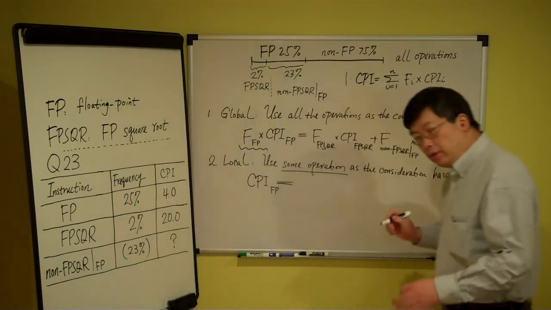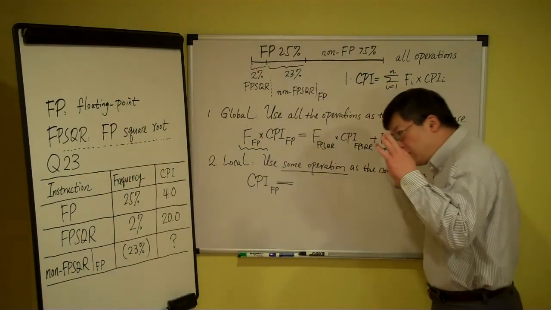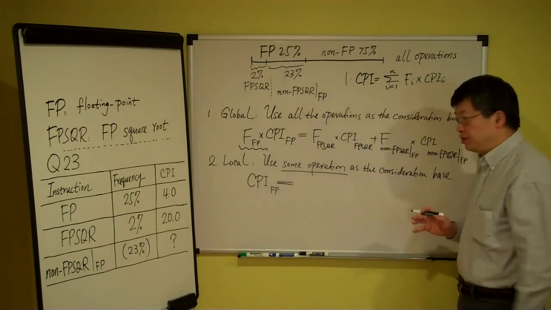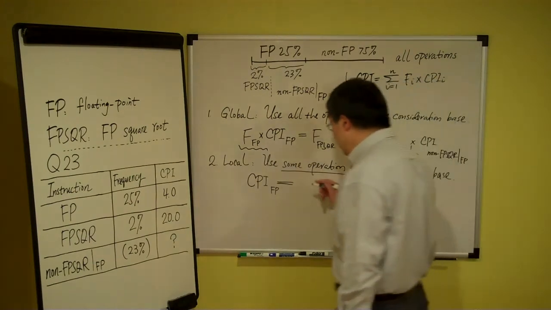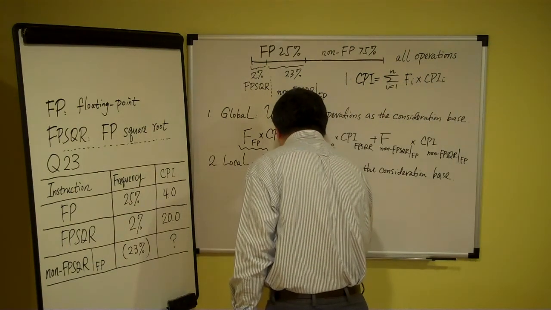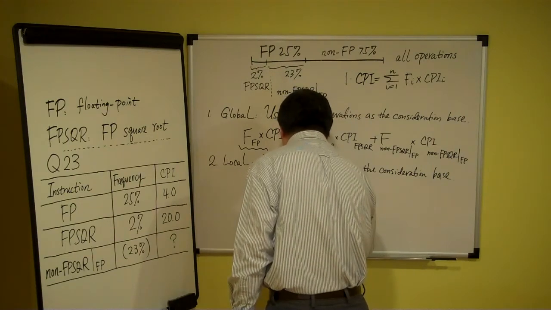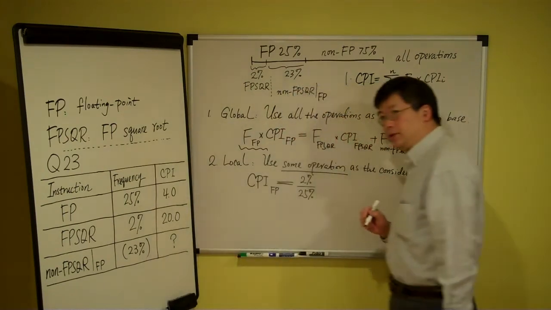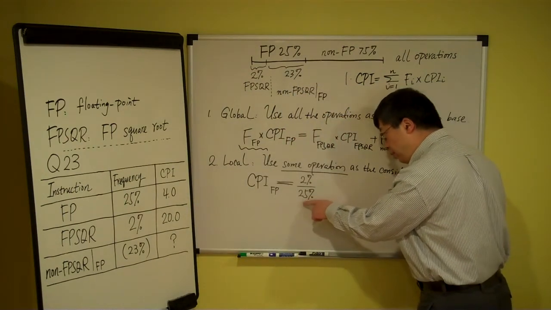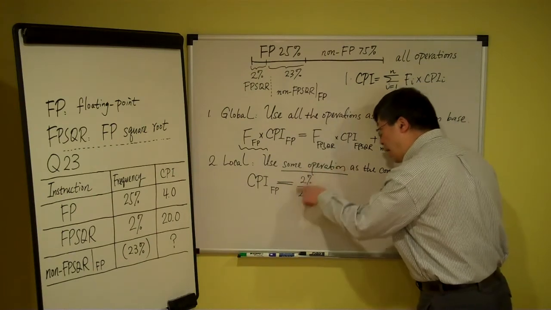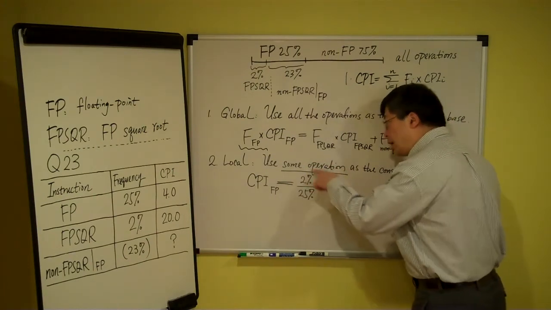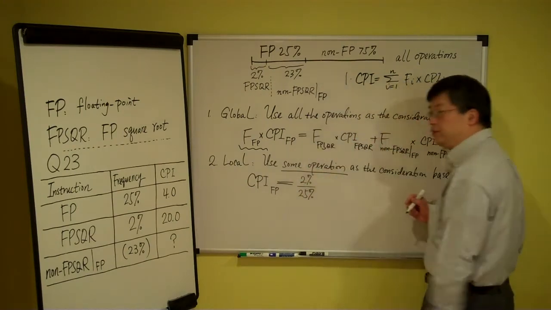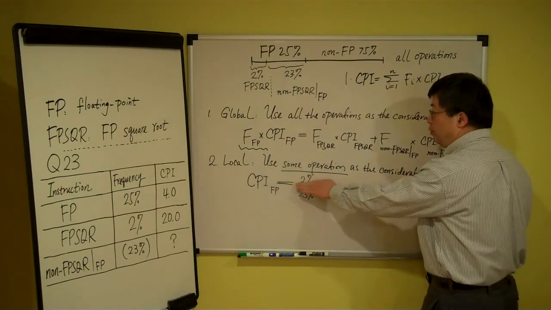But when that consideration base changes, the frequency representation also needs to change. The base changes. So now the new frequency for that FPSQR becomes this, because with respect to floating point operations, the current FPSQR frequency becomes this, not just 2%.